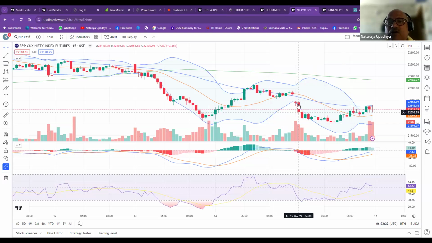So when a stock price goes down, momentum is negative. When the stock price goes up, momentum is positive. So the series of green bars, that is positive momentum bars versus red momentum bars, tells you how it looks.